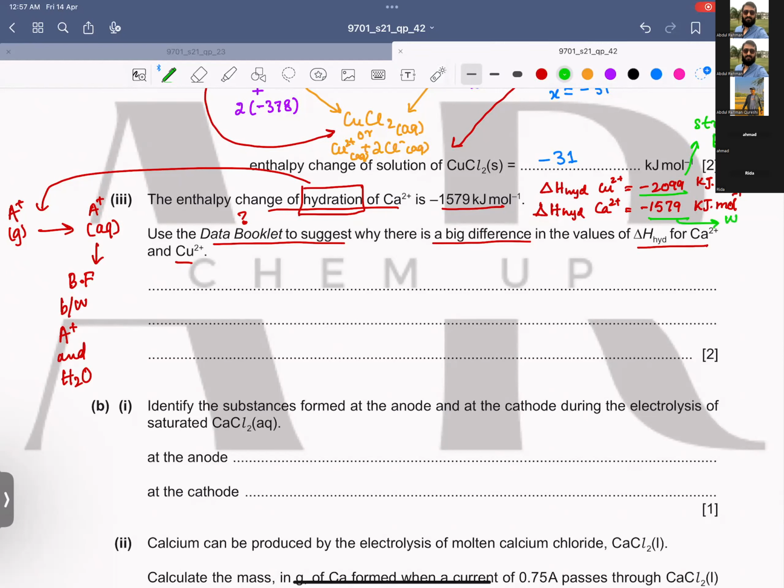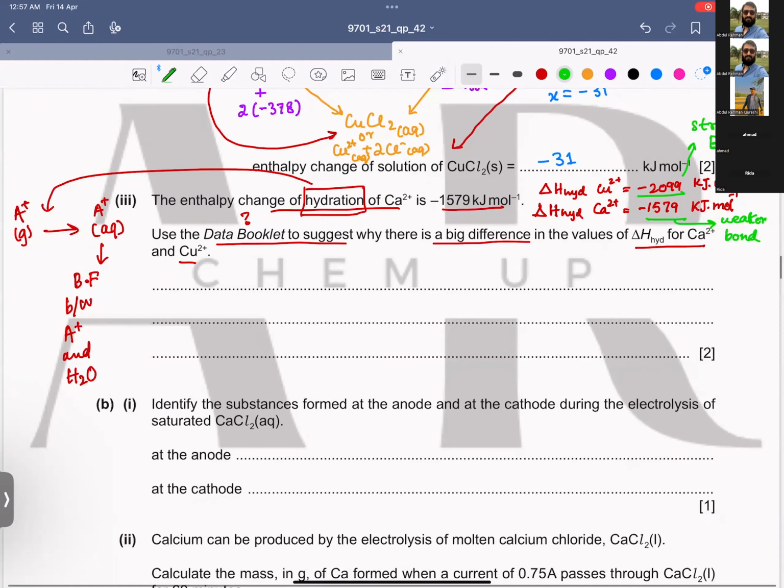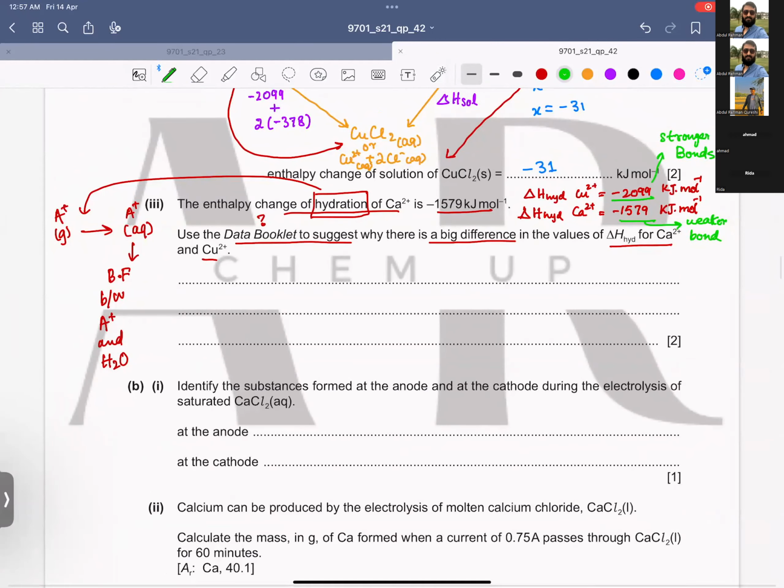Okay. So if you look at their charges, both are of the same charge. So this would help me to understand that copper 2 positive ion has that much size, then calcium 2 positive ion probably has that much size. So we can conclude from this.